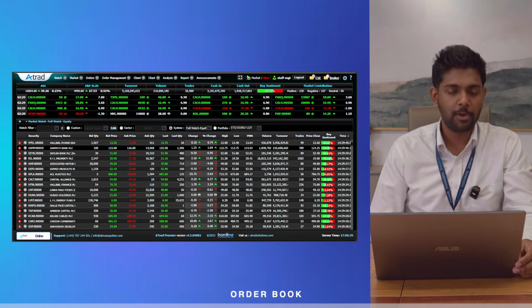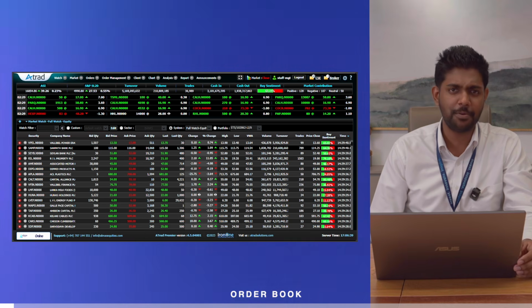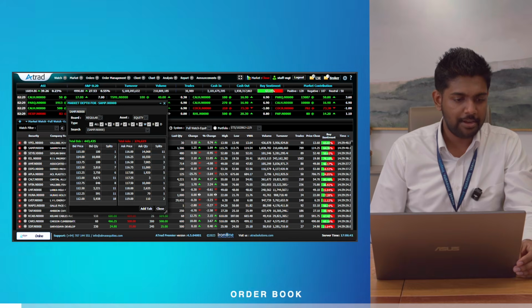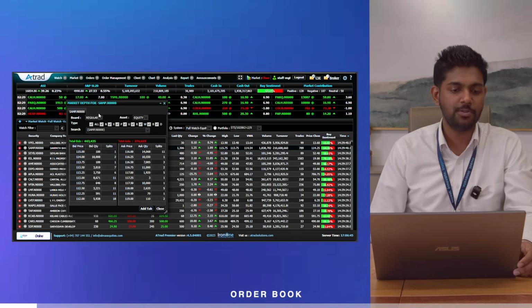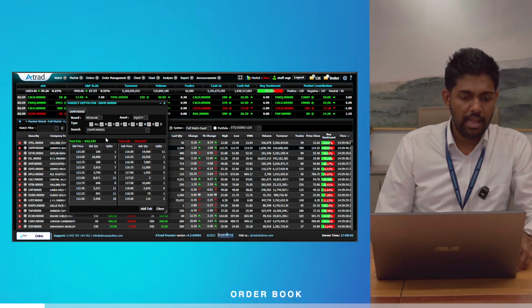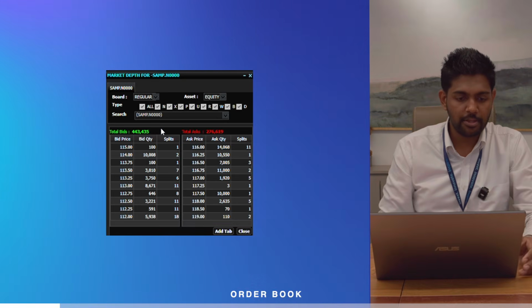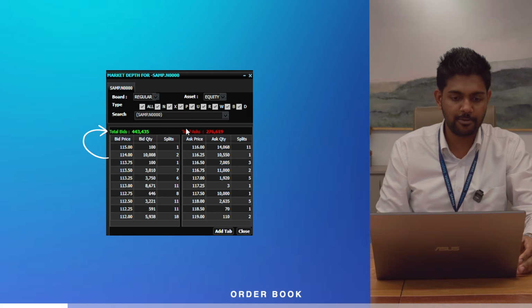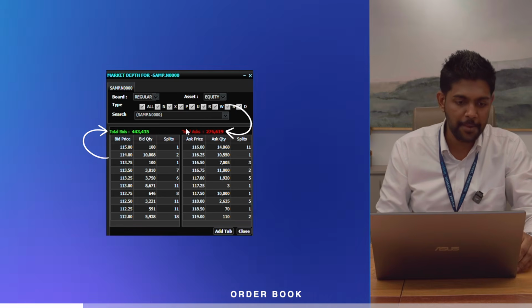In here, we'll select one company, which is Sampath Bank, which of course, I hope you know. If you press that security option, you will be directed to something called the order book. Let me explain this order book in detail. In here, you will see the total bids and the total asks that are made by the investors as of today.